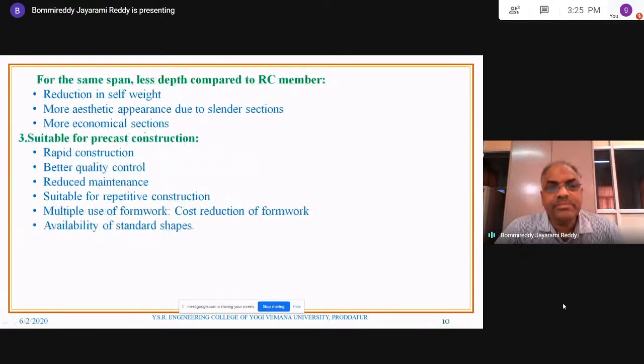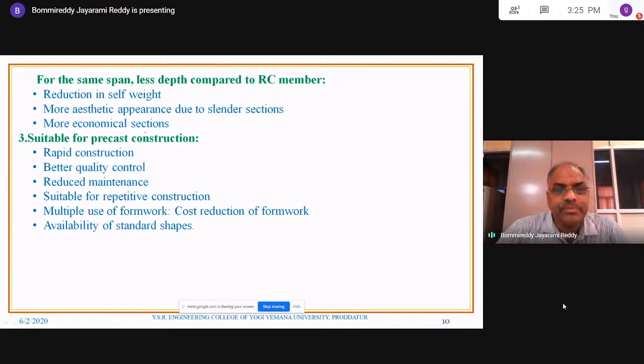For the same span, less depth is required in pre-stressed concrete compared to an RC member, and because of that, self-weight is reduced, appearance and aesthetic sense are better, and it is economical also.